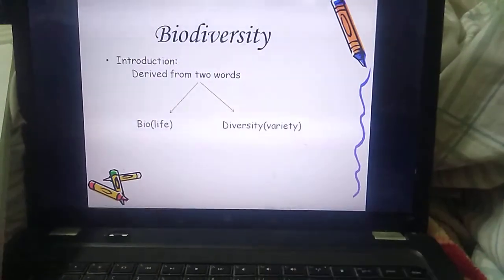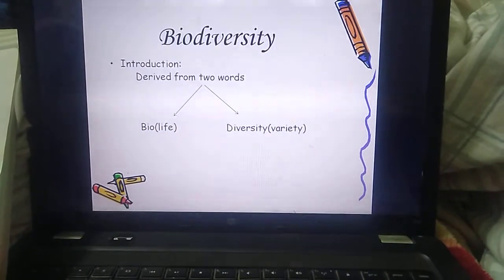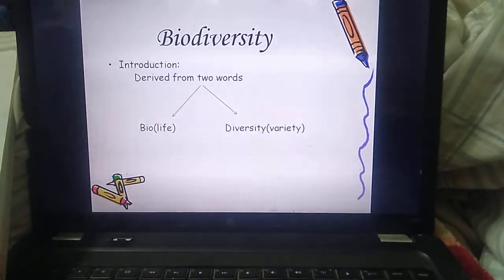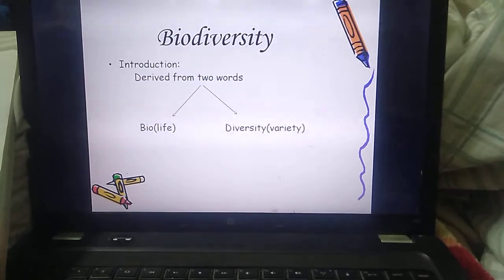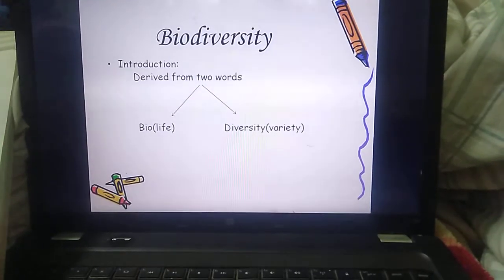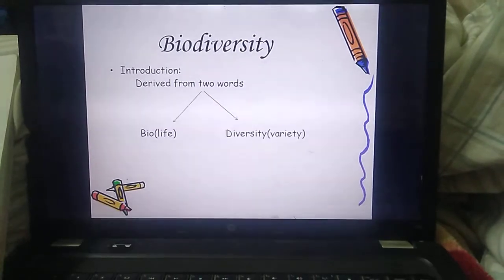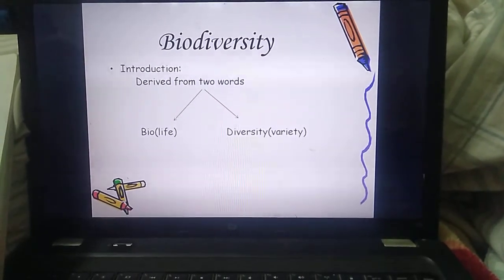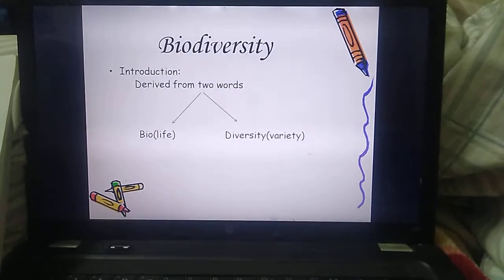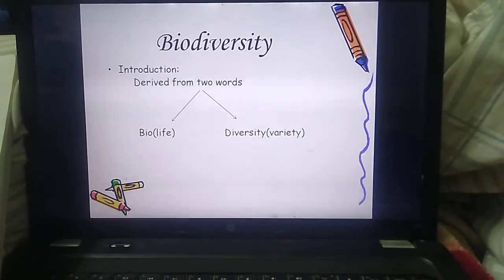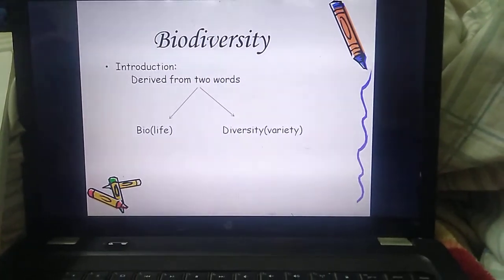Now, what is biodiversity? It is derived from two words, bio and diversity. Bio means life and diversity means variety. Variety among species and within species.